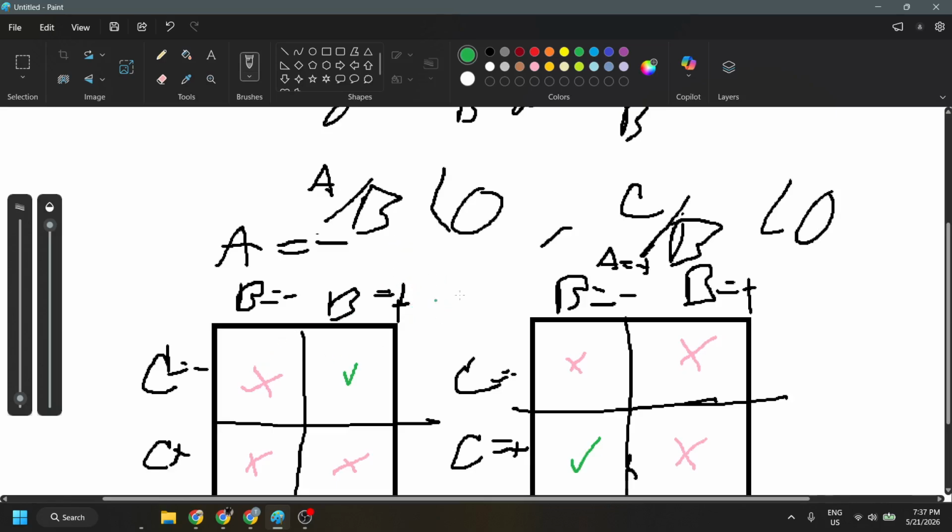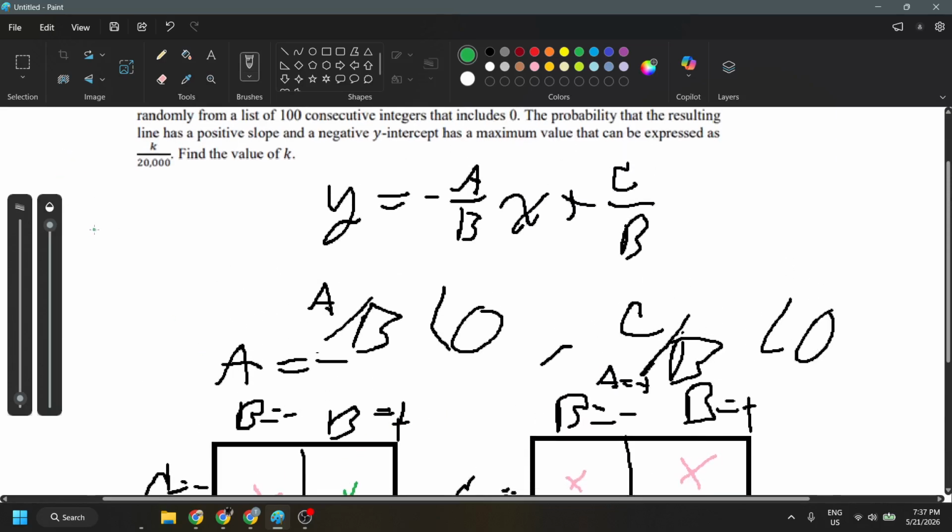So our two different cases are A is positive, B is negative, C is positive, or A is negative, B is positive, C is negative. To maximize this, we just need to maximize the amounts of positives and negatives, because in total here we all have 3.